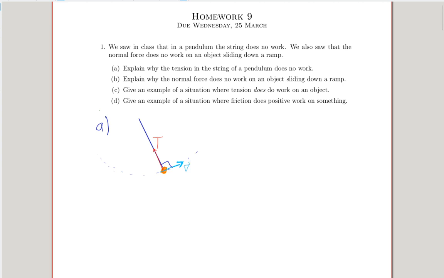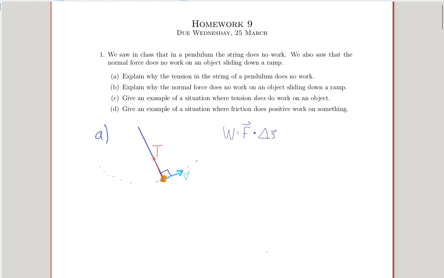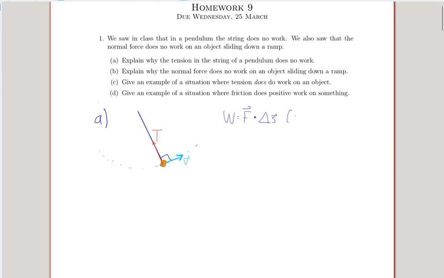If you remember the definition of work, if the force is constant, it's force dot displacement. If this is constant, or you may have to do an integral if it's not constant.